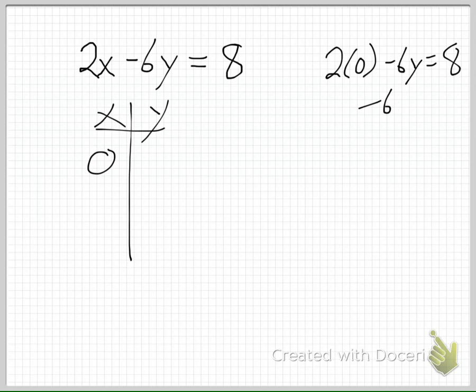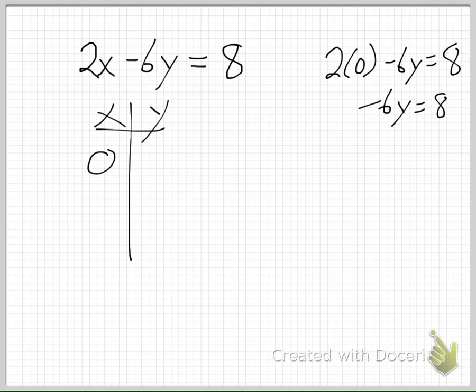So I get negative 6y equals 8. But now, unlike when it's in y equals form where y is on one side, you're going to have to be solving an equation. Whereas if I were doing standard form, it's a pretty simple process. It's just, x is 0. My x-intercept is where x is 0, so I do negative 6y equals 8 and divide by negative 6.